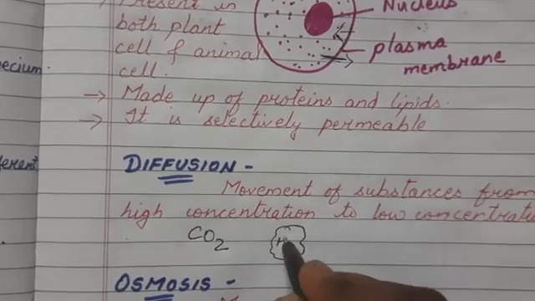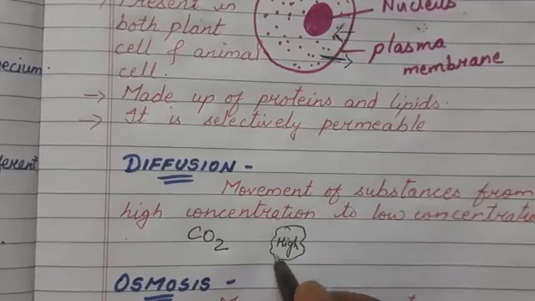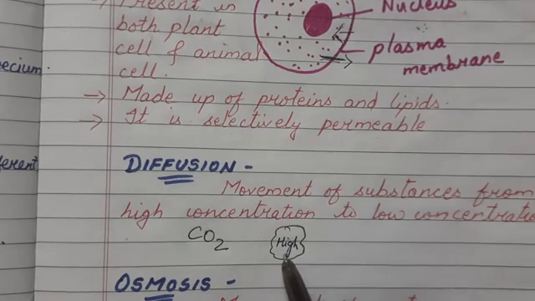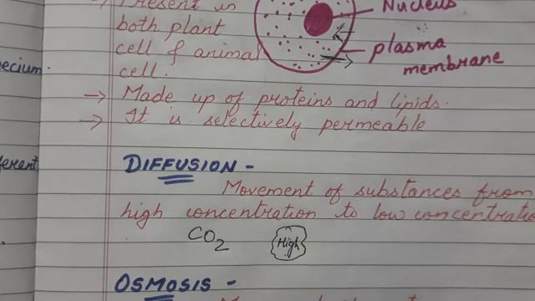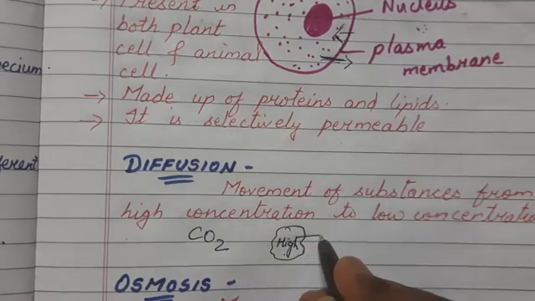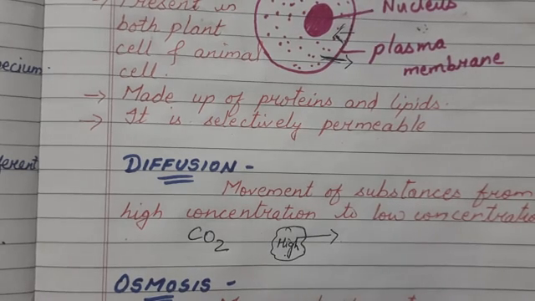For example, if it is high inside the cell, this is for example a cell. If the carbon dioxide level is high inside the cell as compared to outside the cell, what will happen? All the carbon dioxide will move from inside the cell to outside the cell. Why?